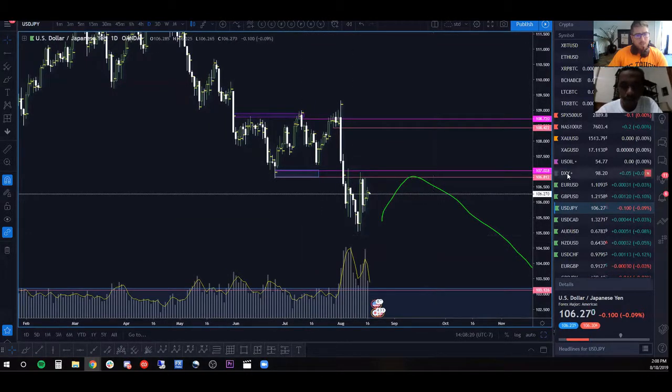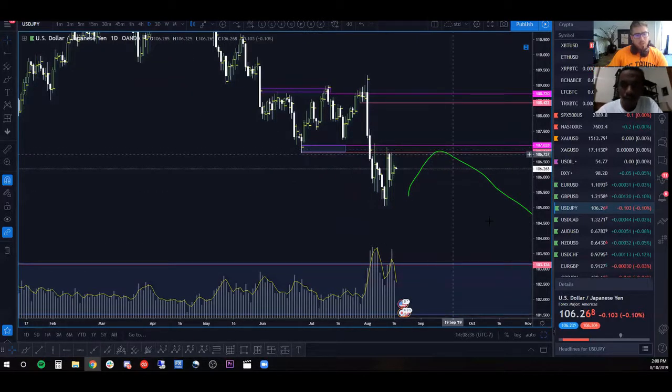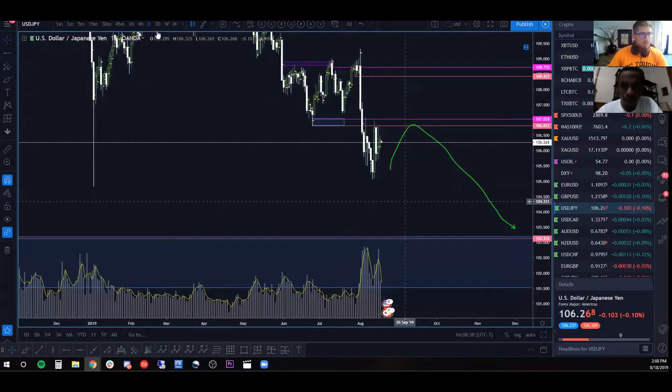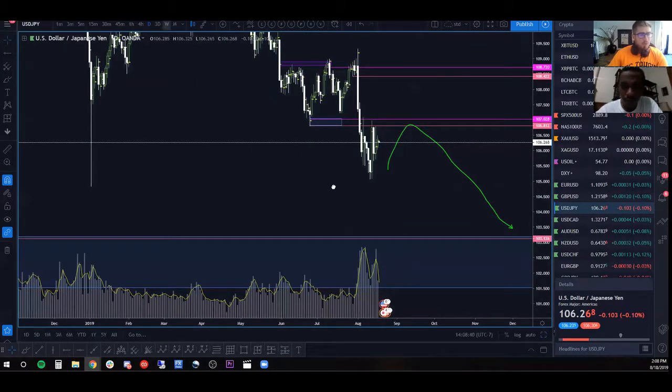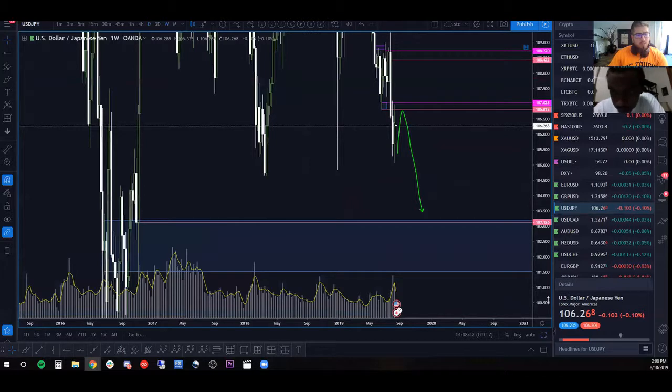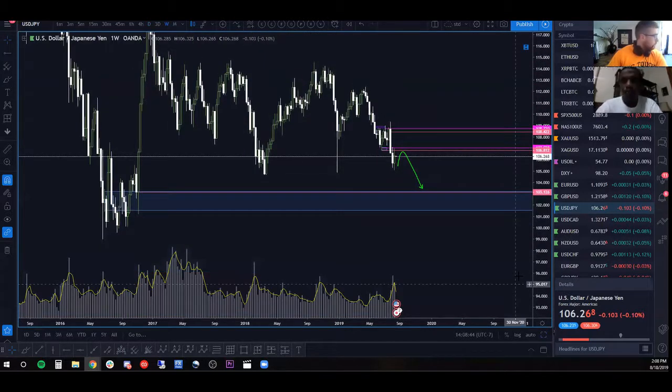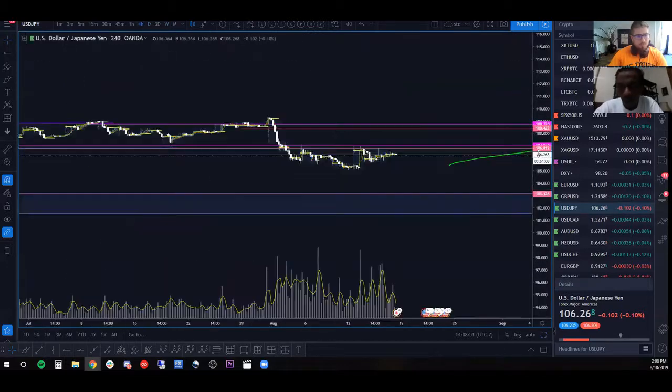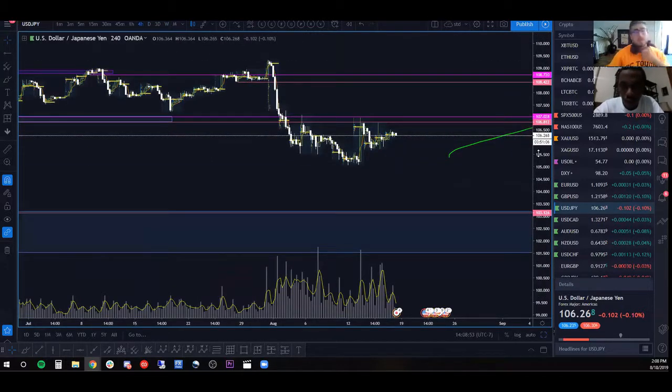This would match perfectly with our Dixie short, that it would now come down, and we're going to be testing this order block level. The current price level is at 106. So to short it, we wait for a test at around 107. Anywhere at 107, it will be healthy to begin shorting the US dollar yen. But we'll see how everything goes and follows.